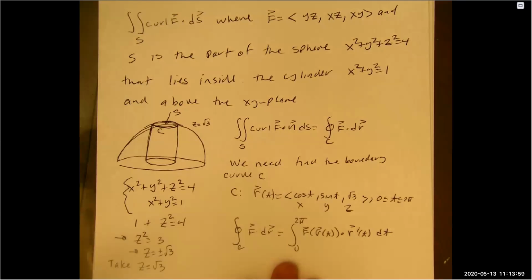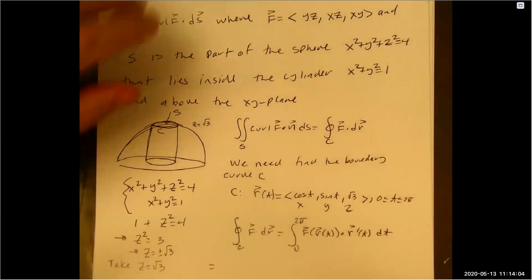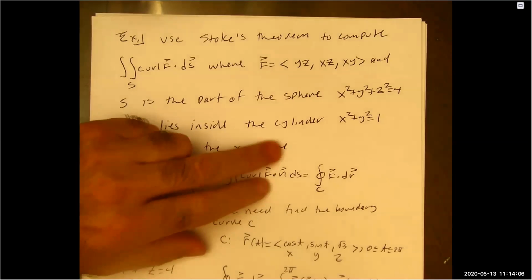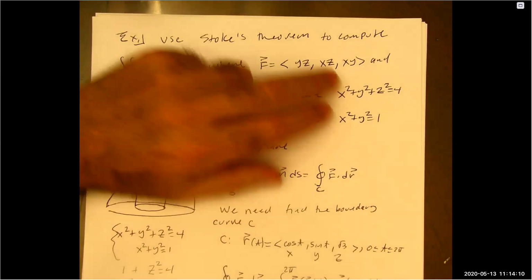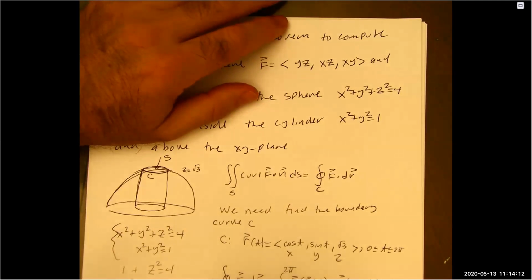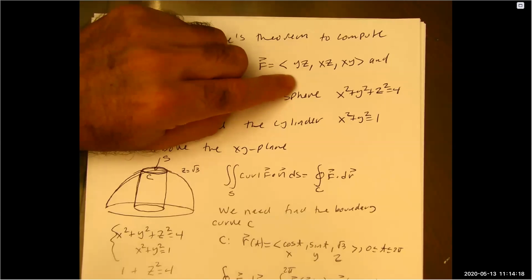And so for my F of r of t, just to glance at, we're going to have the yz, xz, and then xy. So the y is z, remember that z is root 3 and y is sine. So this is going to give me root 3 sine t.